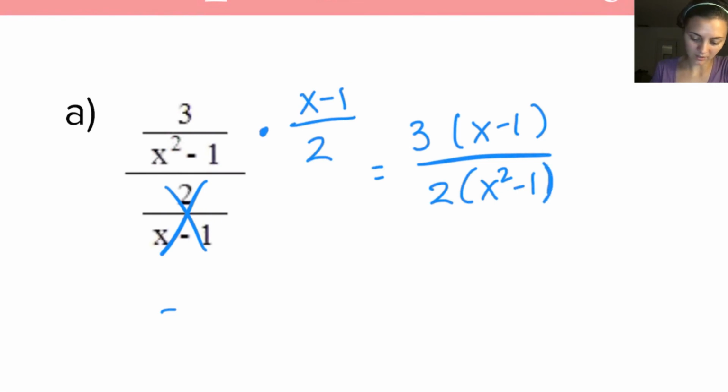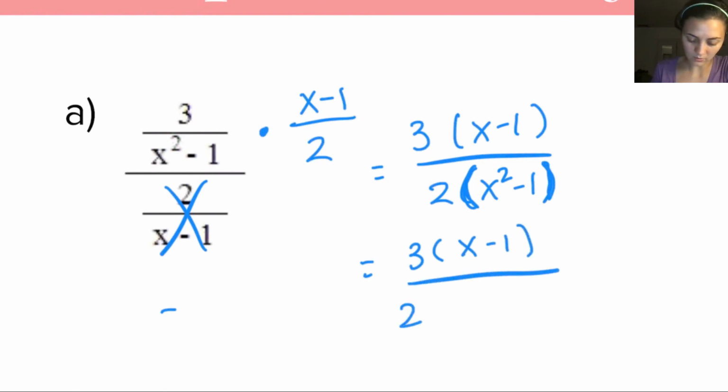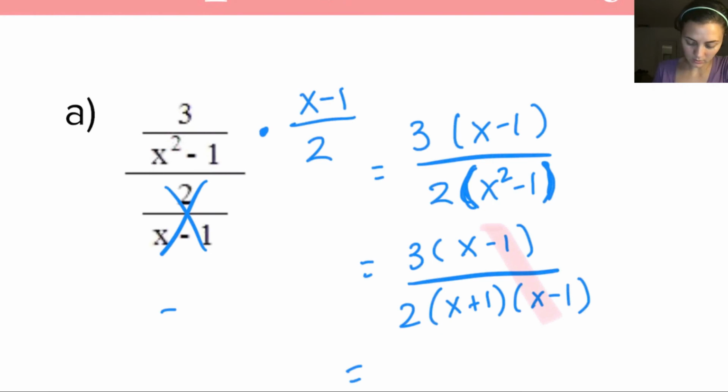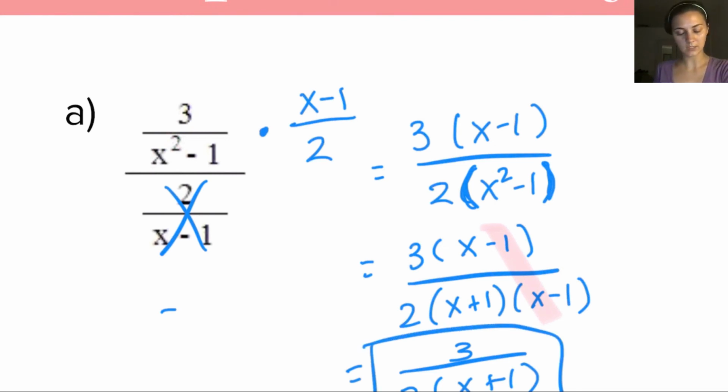I see I can factor this term down here, so I'm going to do that. So this becomes 3 times x minus 1 over 2. This is another perfect square, so this is x plus 1 times x minus 1. And look at it, I can cancel these out because they make a 1. And so this equals 3 over 2 times x plus 1. There it is.